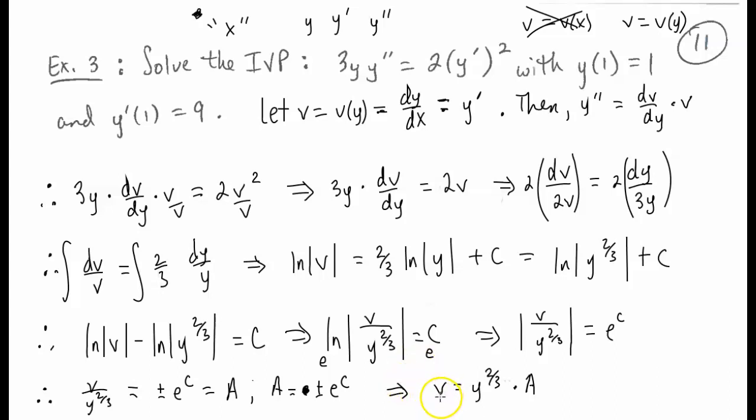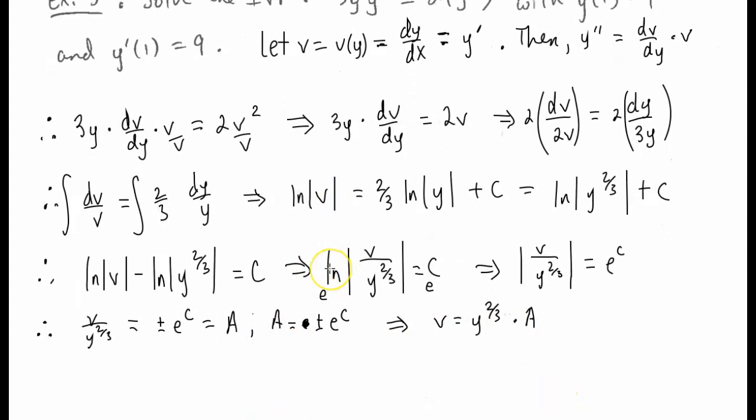And so if you remember here, v is the same thing as y prime. So we'll go down some. Let's say, but v is equal to dy over dx. So therefore, dy over dx is going to be equal to everything that we see here on the right.